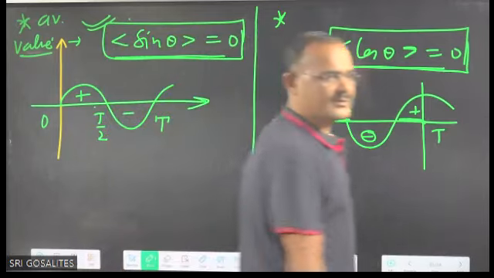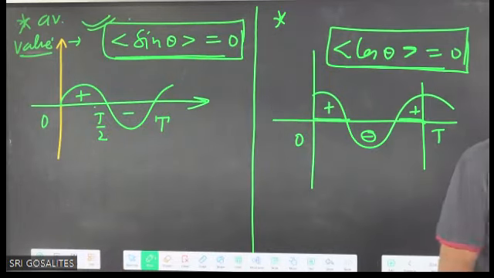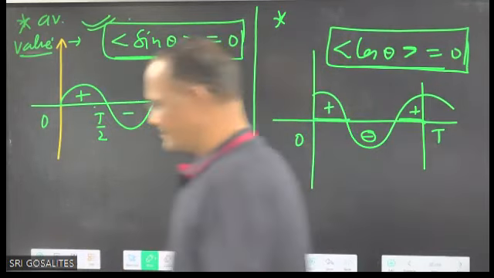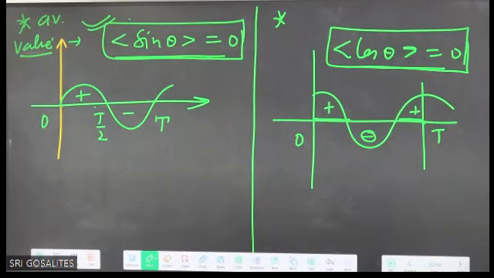Copy this command. Average values of cos theta and sin theta are 0 for one time period. It means for how much time they are positive, for the same time they will be negative.